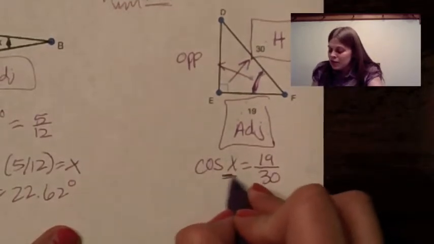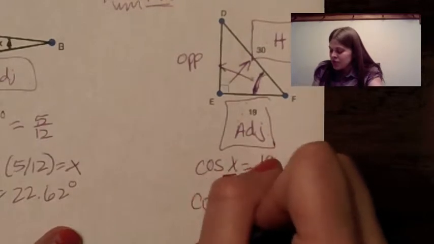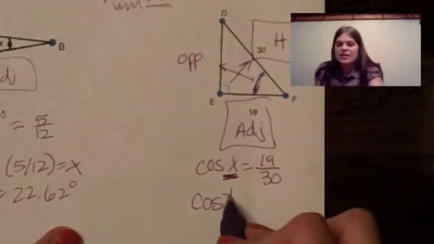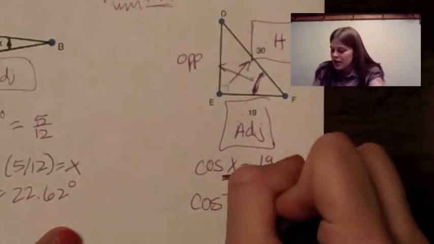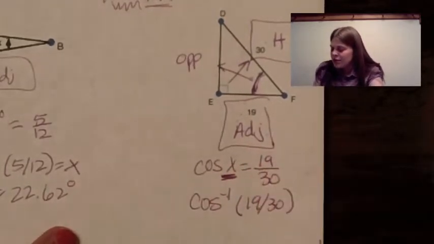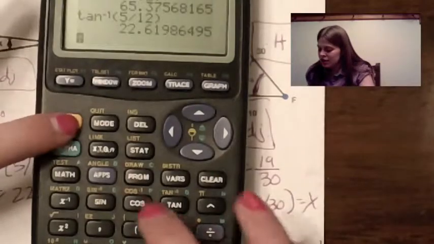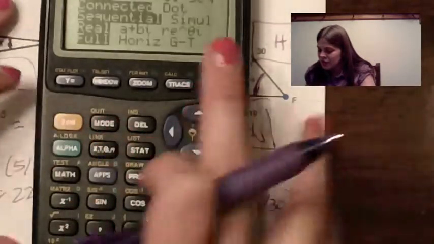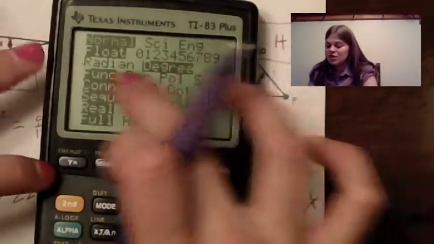Okay? Notice I'm looking for the angle. So when you're looking for the angle, you want to do second cosine, or cosine to the -1, or another way you can say that is the inverse cosine of 19 divided by 30, and that will give you your x value. So on your calculator, hit second cosine. Also make sure that you remember to check your mode. If you're borrowing a calculator, make sure that it's in the correct mode.